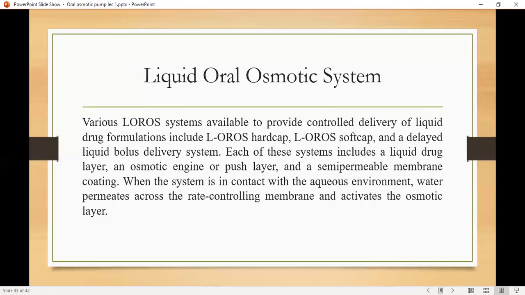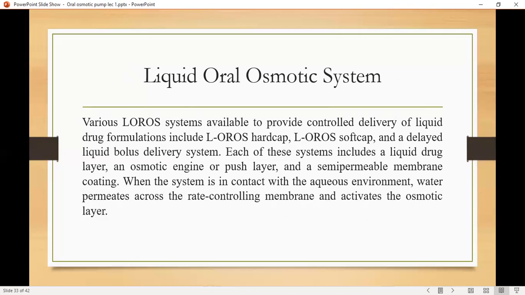Each of these systems includes a liquid drug layer, an osmotic engine or push layer, and a semi-permeable membrane coating. When the system is in contact with the aqueous environment, water permeates across the rate controlling membrane and activates the osmotic layer. Students, the simple difference is that here you deliver the drug in a liquid form. You actually formulate that drug in a liquid form.